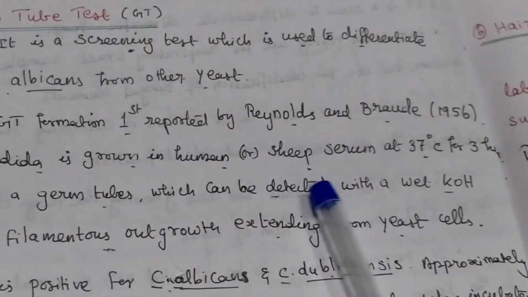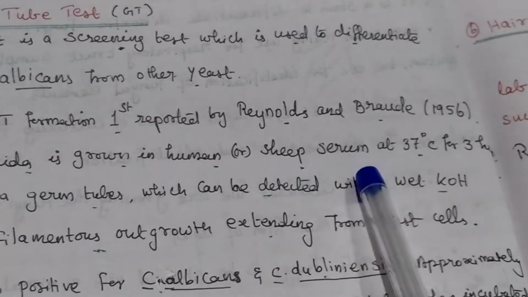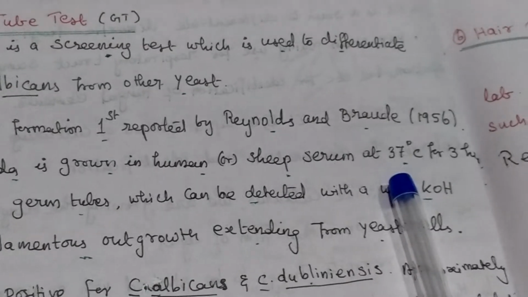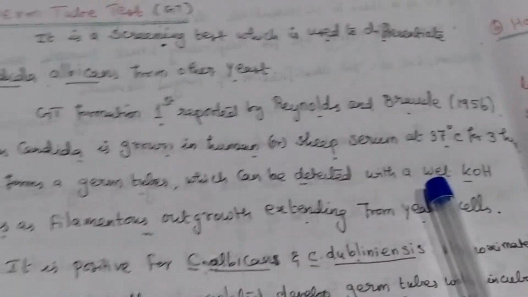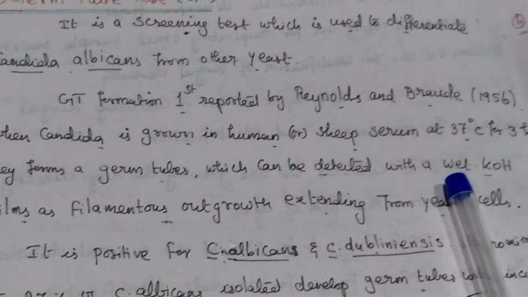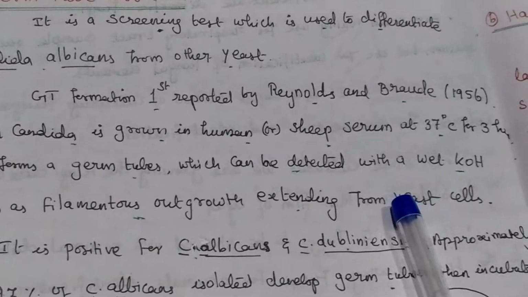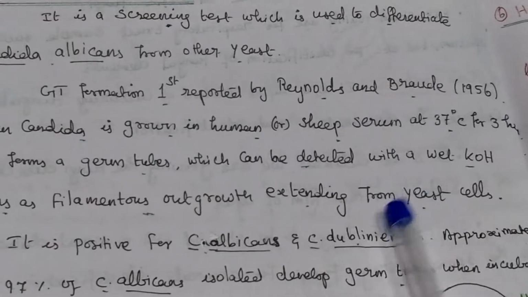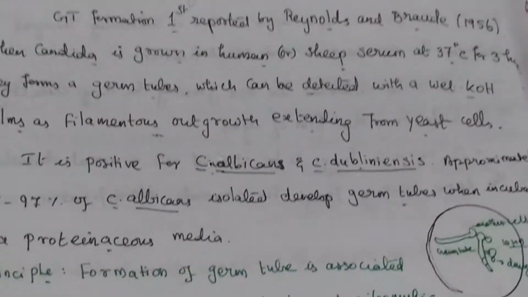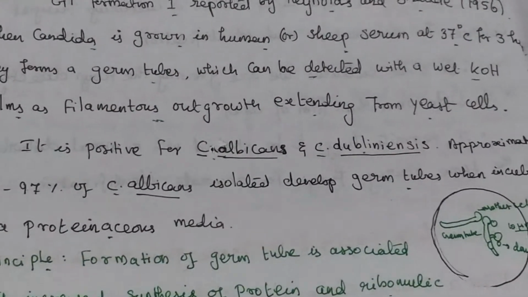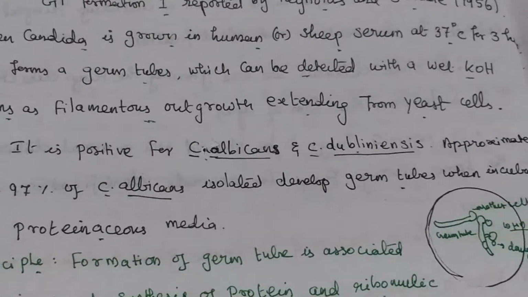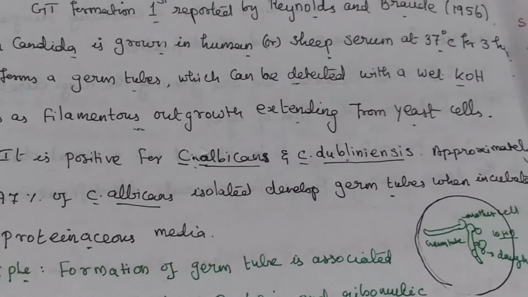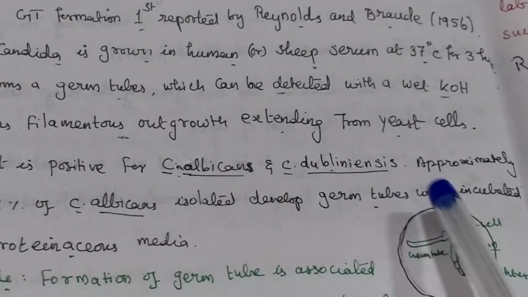Here we are using human or sheep serum incubated at 37 degrees Celsius for 3 hours. After that only they form germ tubes, which can be detected by wet KOH mount. It is positive for Candida albicans and Candida dubliniensis.